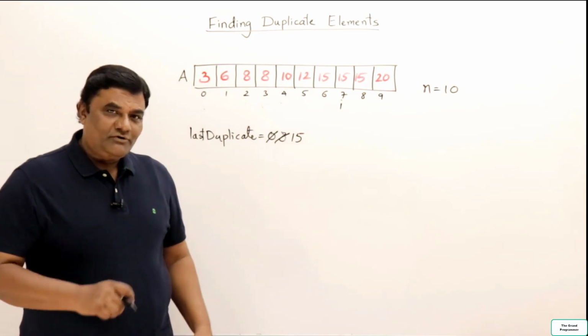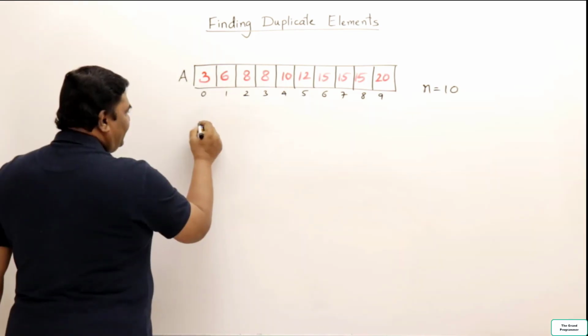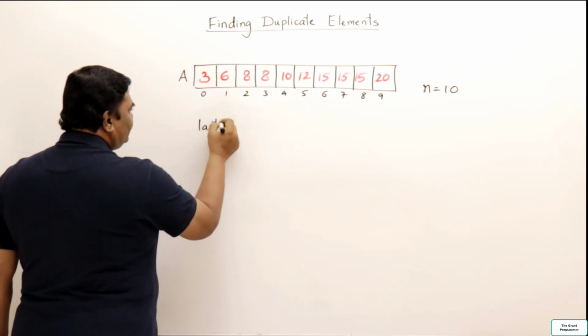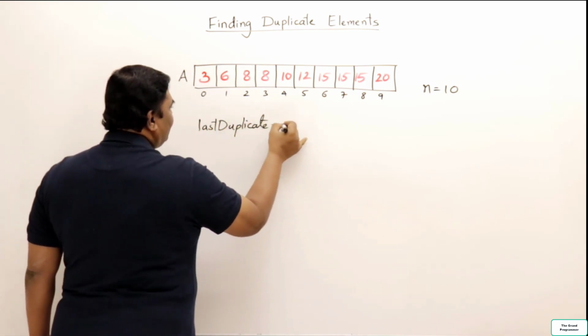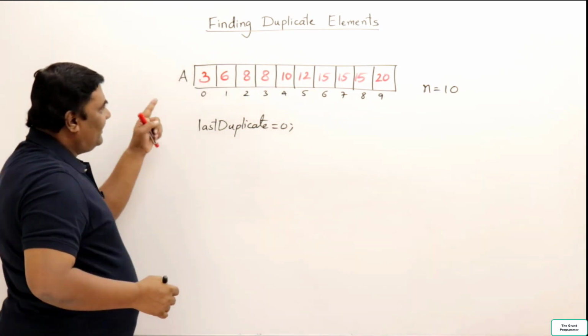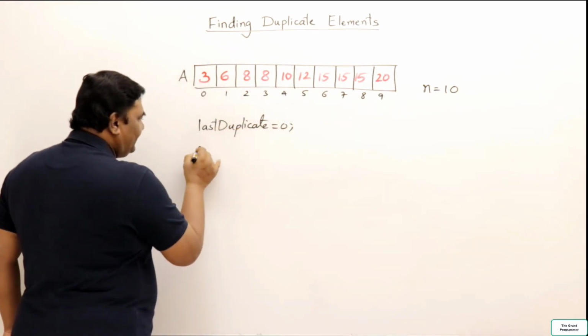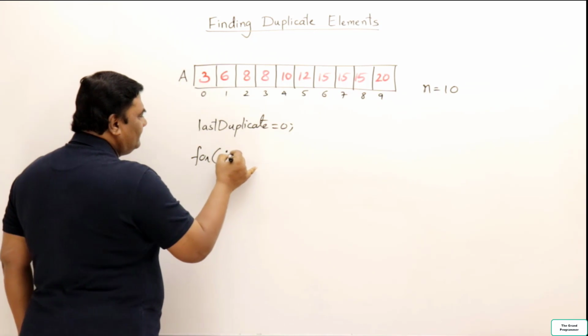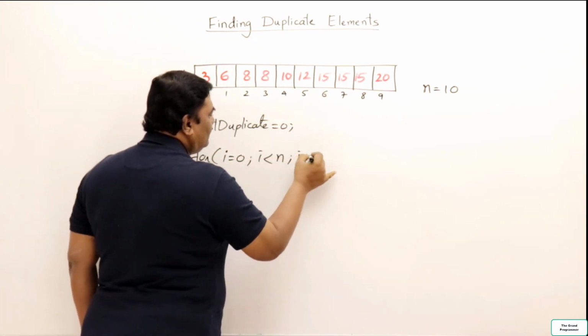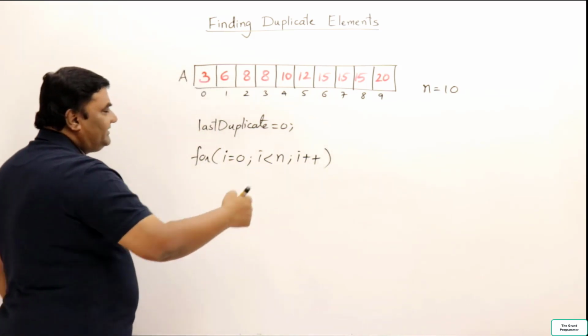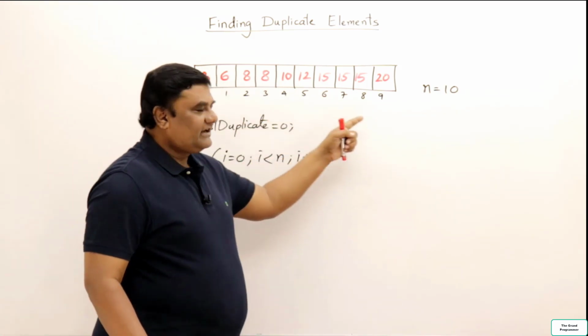Now let us write the program code for it. I will take one variable called last duplicate and let us set it as 0. Now I have to scan through this array, so I can do it using a for loop. This for loop will take me through all the elements in the array.